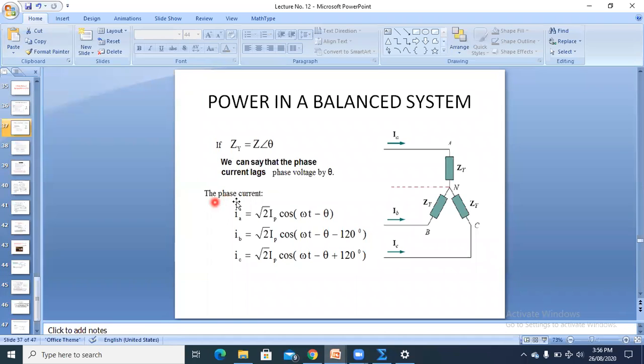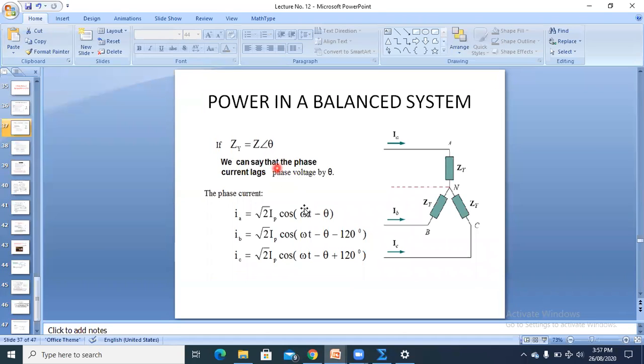The value of the phase current is Ia equals root 2 Ip cos(omega t minus theta), and similarly we have the sequence of phases in the corresponding other two phases of the Y connected network.